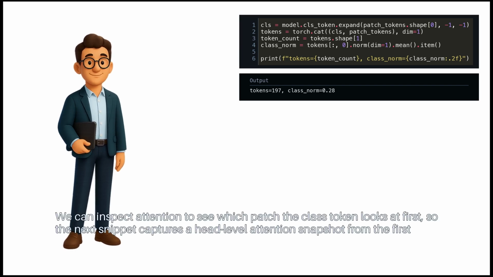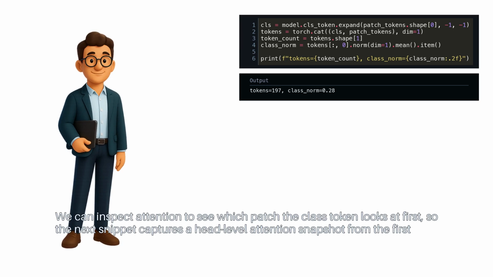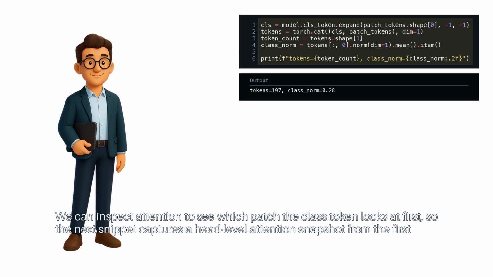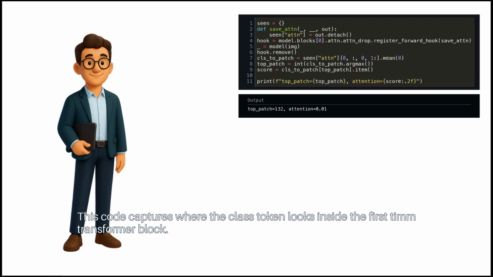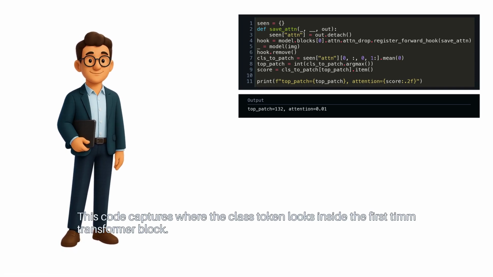We can inspect attention to see which patch the class token looks at first, so the next snippet captures head-level attention snapshots from the first block. This code captures where the class token looks inside the first timm transformer block.